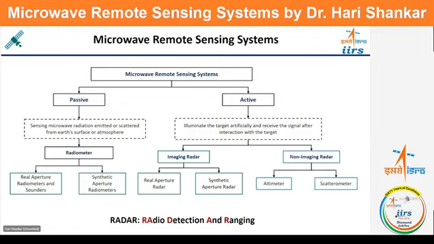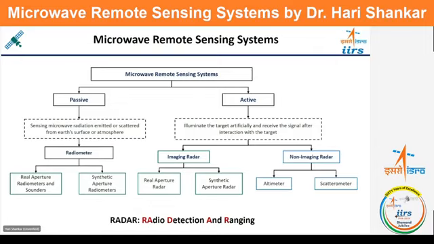Detection means once it comes back, it means it is interacting with or hitting the target. Since it is hitting, it means it is detecting the target. So it is doing both things simultaneously, detection as well as ranging. Suppose you want to monitor some aircraft, signals keep going and coming back, which means they are able to monitor how far that aircraft is and in which direction it is moving.